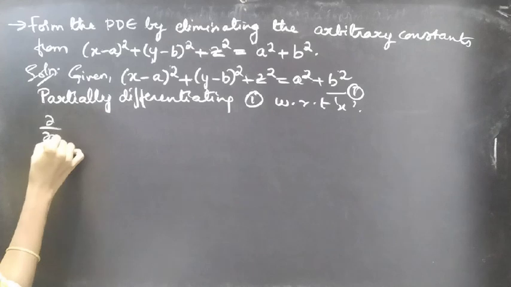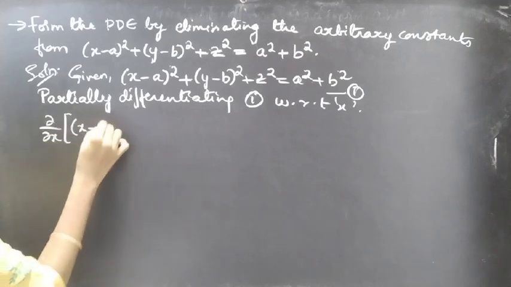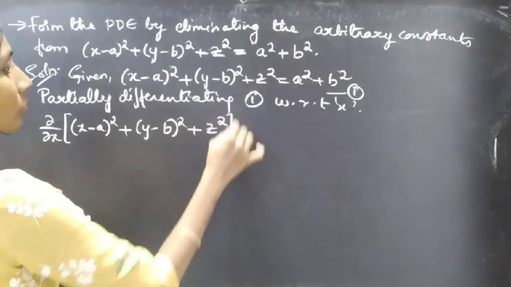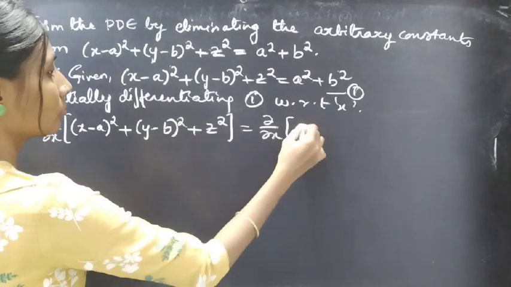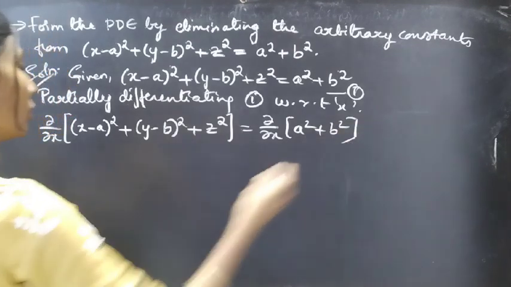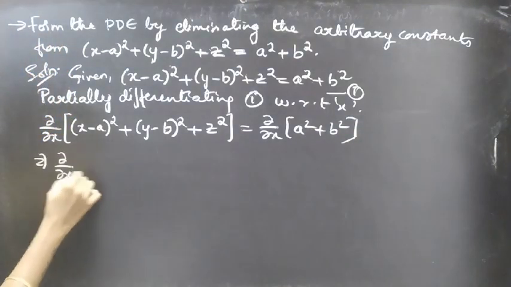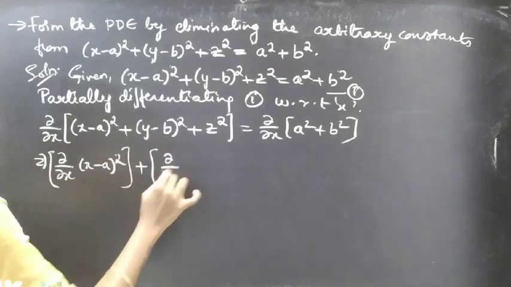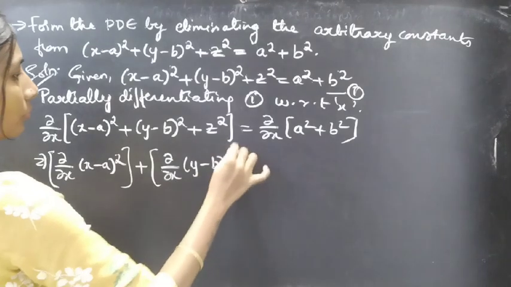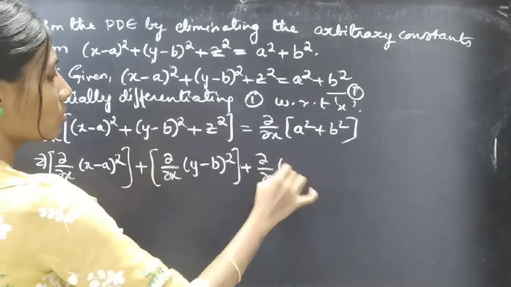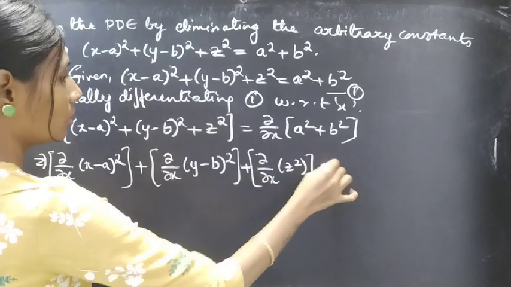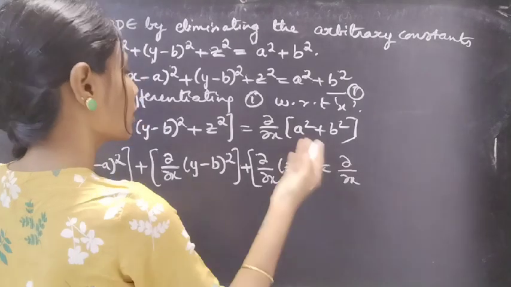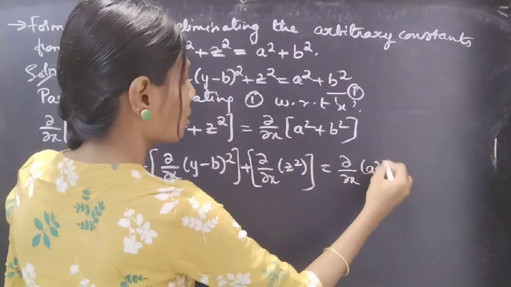Just apply dou by dou x on both sides of equation 1, which gives us dou by dou x of the first term plus dou by dou x of the second term plus dou by dou x of the third term equal to dou by dou x of the right side. Here a square and b square are constant. You can just simply put 0 here, otherwise we can write one more step.